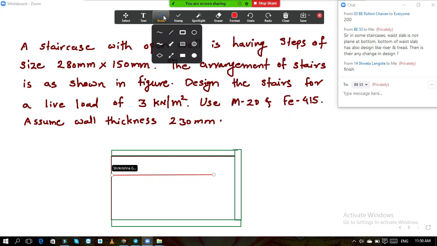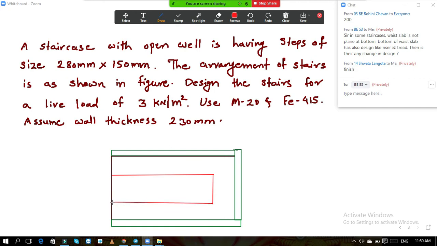Then you draw the diagram simultaneously with me. The diagram may not be too perfect, but this type of diagram is there.